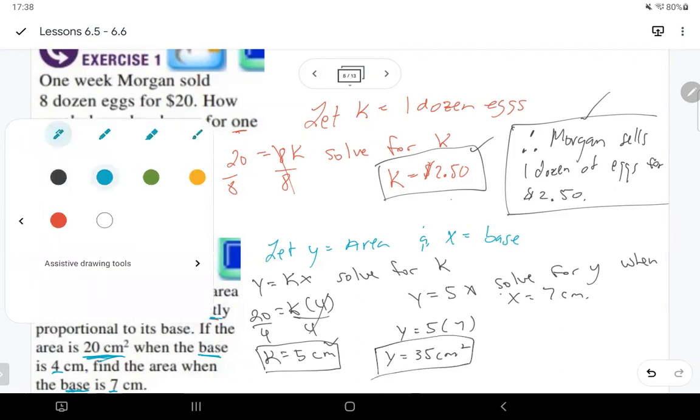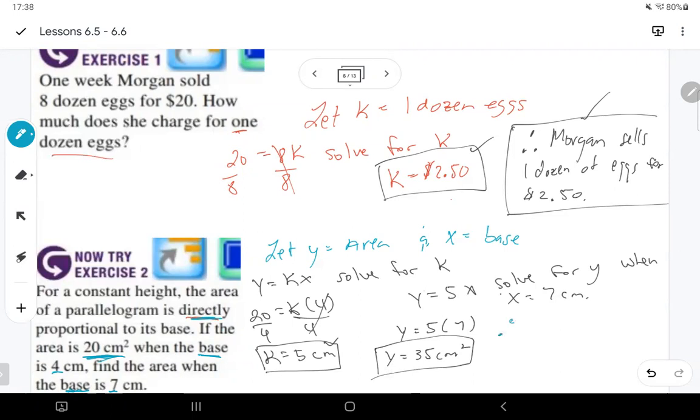And then you can just wrap it up by saying when we have a base of 7 centimeters, we have an area of 35 centimeters squared.